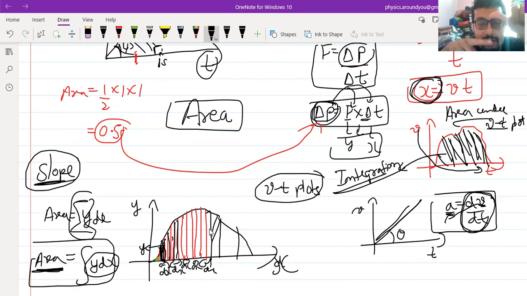So what is differentiation? Process of finding slope of a curve, tan theta, dy by dx. What is integration? Process of finding area bounded by curve, integral y dx. How does this make sense?